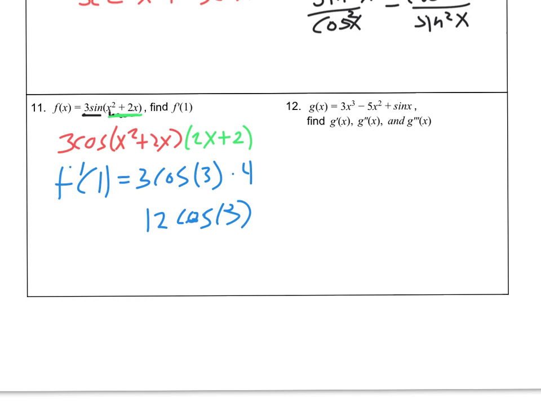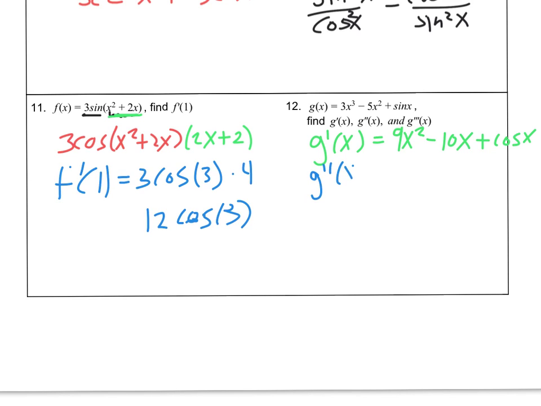For number 12, we're looking for g prime, g double prime, and g triple prime of x. So g prime of x is going to be 9x squared minus 10x plus cosine of x.